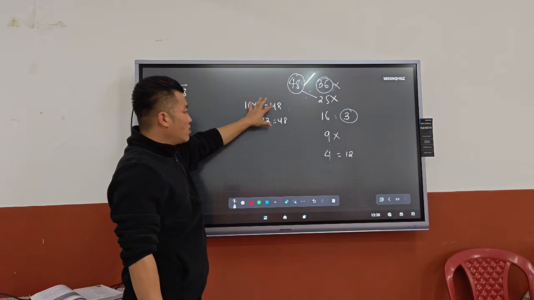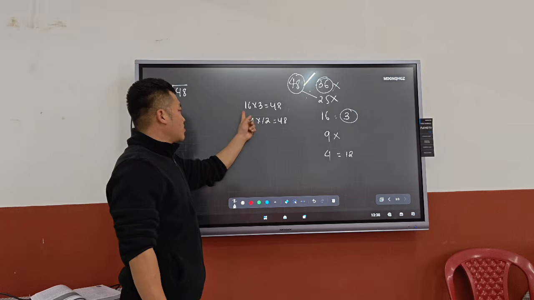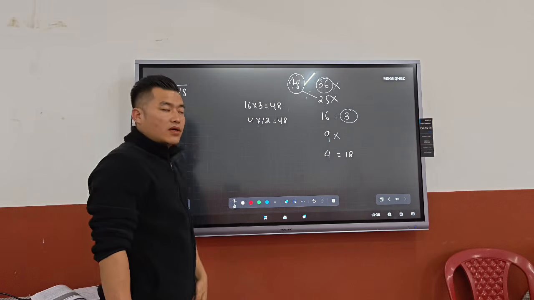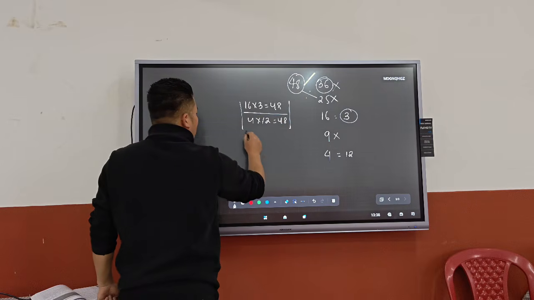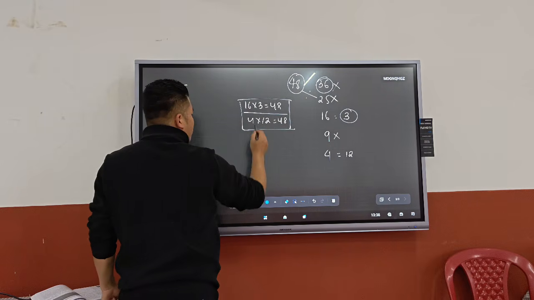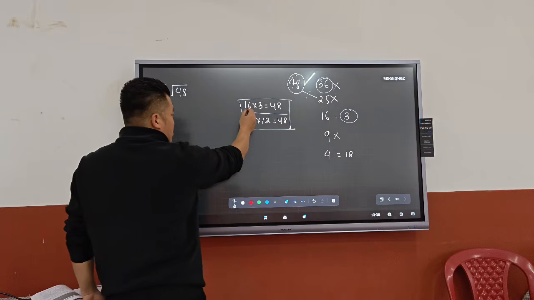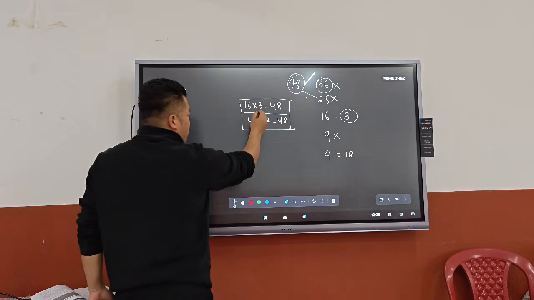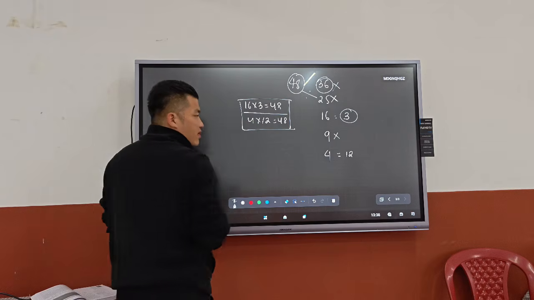So these are the two numbers by which you can exactly divide 48: 16 and 4. The pairs are 16 and 3, and 4 and 12. Number 16 is a perfect square number, 3 is not. Number 4 is a perfect square number, but 12 is not.